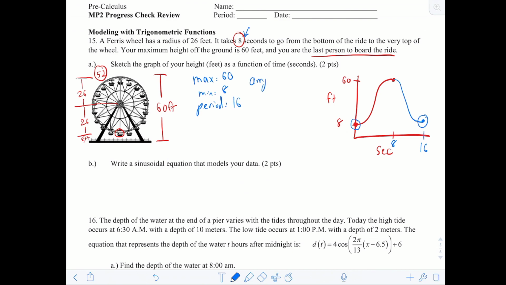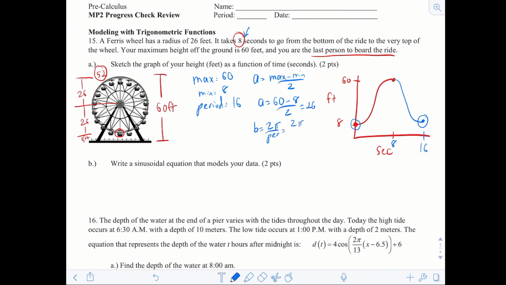And then the amplitude, which is my A value, is going to be the max minus the min divided by 2. So A is going to be equal to 60 minus 8 divided by 2. So it's going to be 52 divided by 2, so that's going to be 26. My B value is going to be 2 pi over the period.